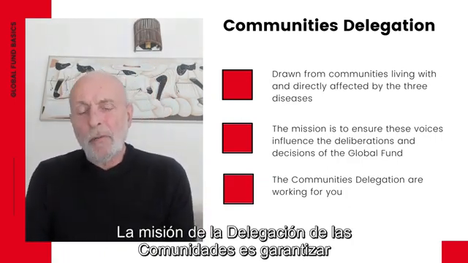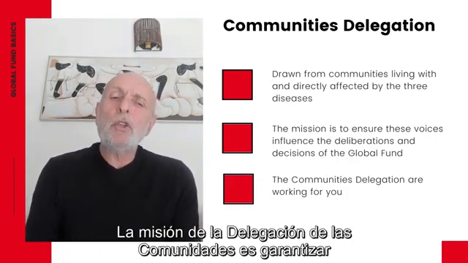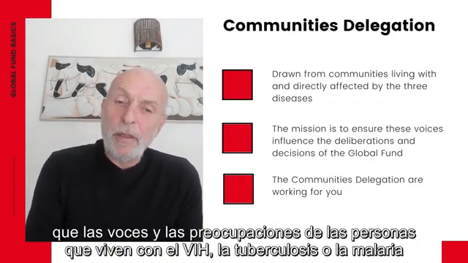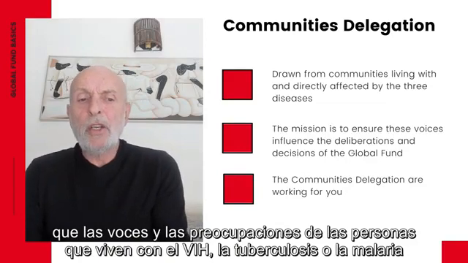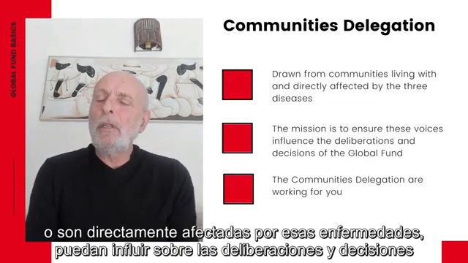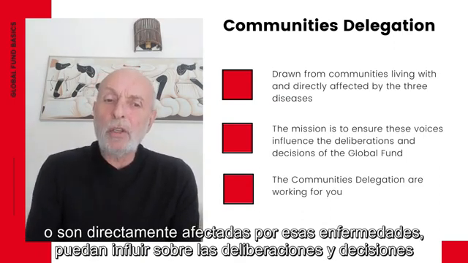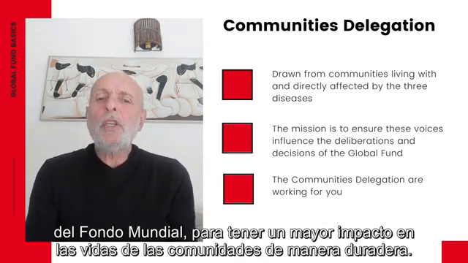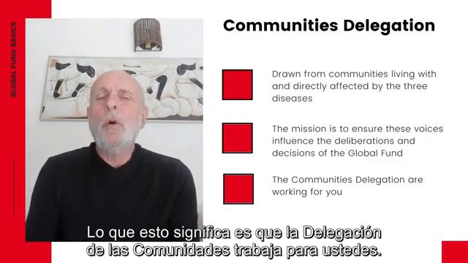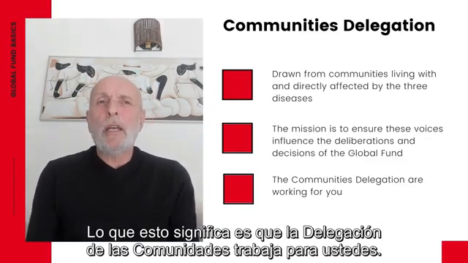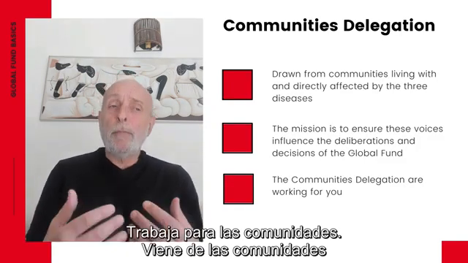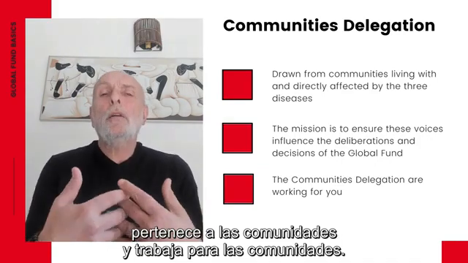The mission of the communities delegation is to ensure that the voices and issues of people living with and affected by HIV, tuberculosis or malaria influence the deliberations and decisions of the Global Fund to achieve greater and sustained impact for communities. And what that means is the communities delegation are working for you. They work for communities. They're of communities and they work for the communities.